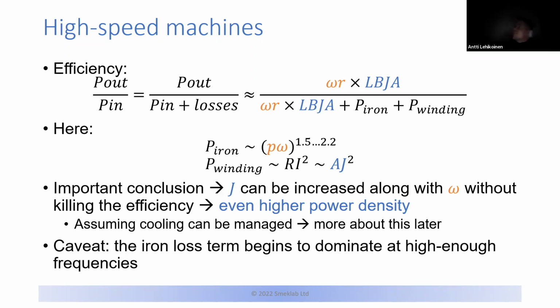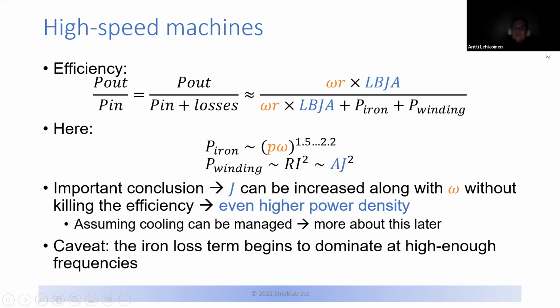It's a complex relationship, as you may know. And then the winding losses, well, we can get from high school physics earlier. It's the familiar Ohm's law, R i squared formula, which can be again written with the conductor area A and the current density squared.